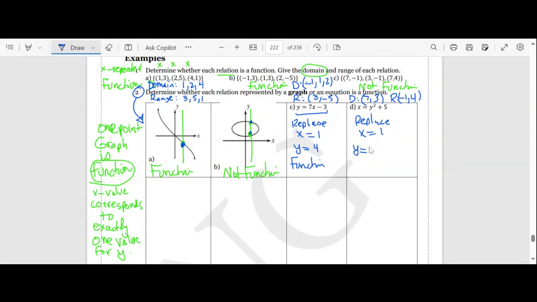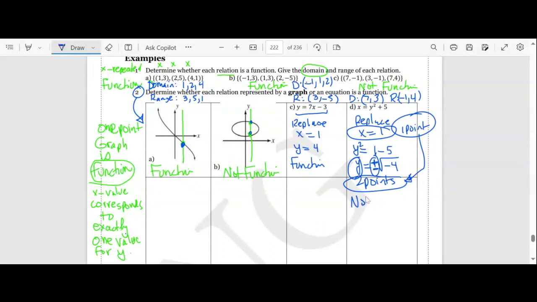You get y squared equals 1 minus 5, right? So y equals plus or minus the square root of minus 4, correct? So when you have plus and minus, how many points do you get? 2 points, right? So 1 point for x, and how many points do you get for y? Plus or minus, right? You get 2, so that's not a function.